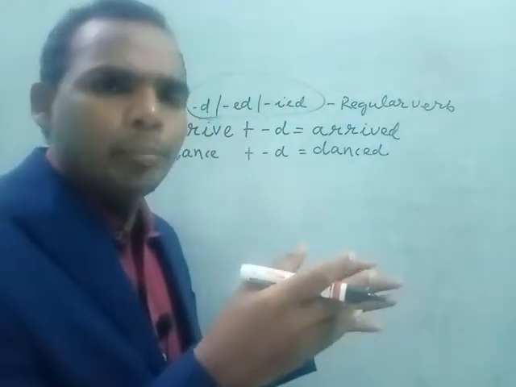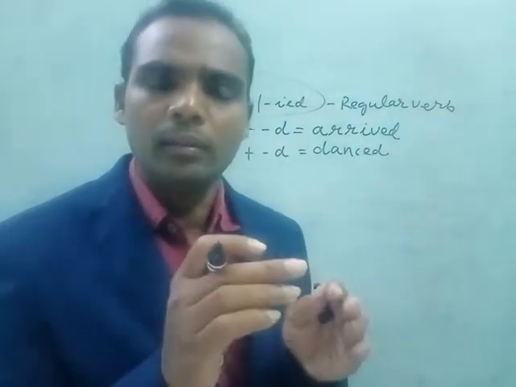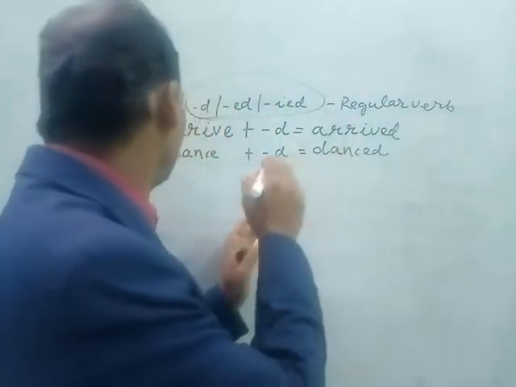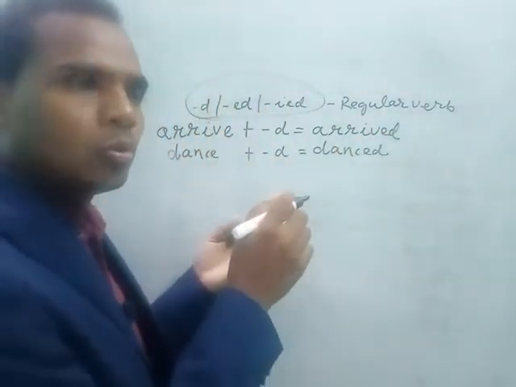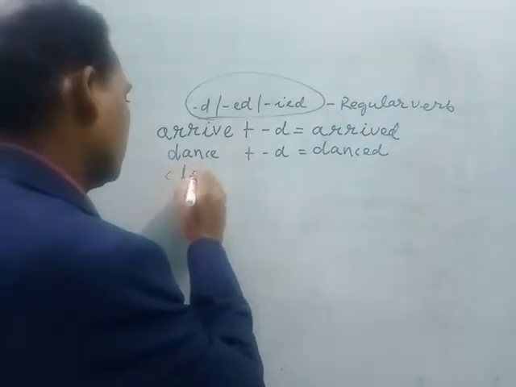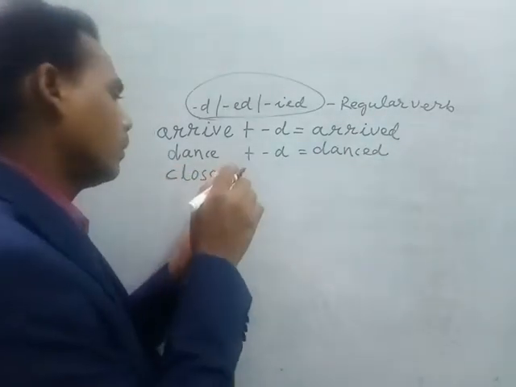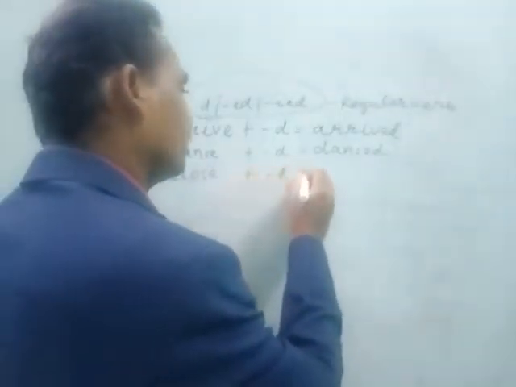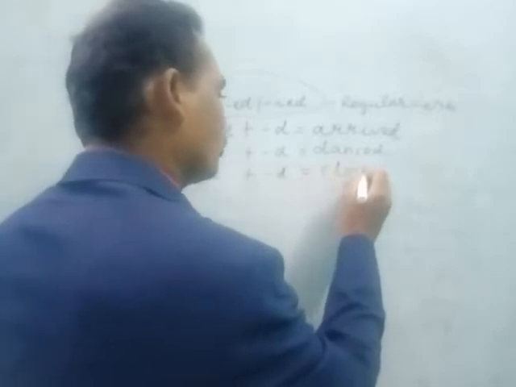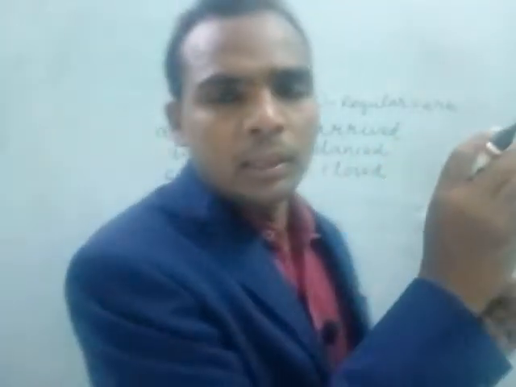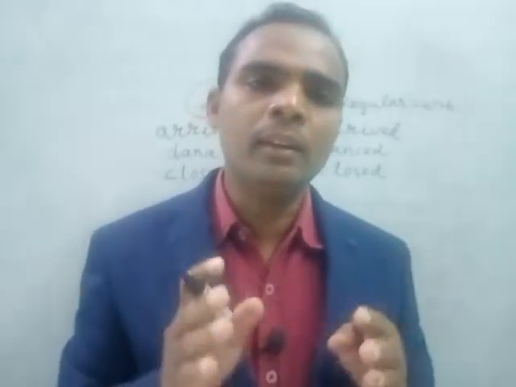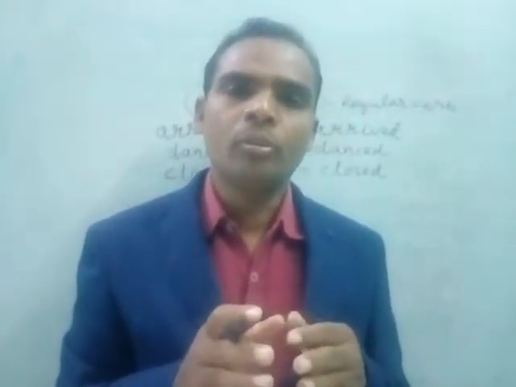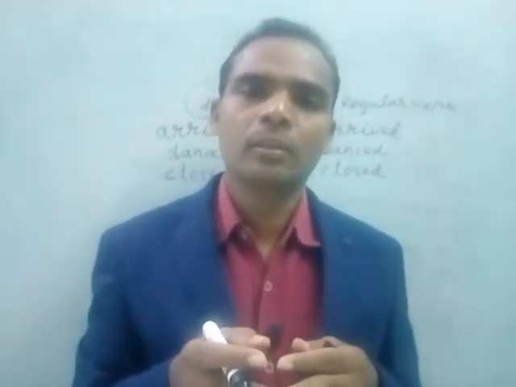You can give many examples ending with E. You have to add only D. Suppose more examples: close, C-L-O-S-E. Ending letter E, you have to add only D. This is closed. So if you add D, ED, IED, it is the maker of past tense.